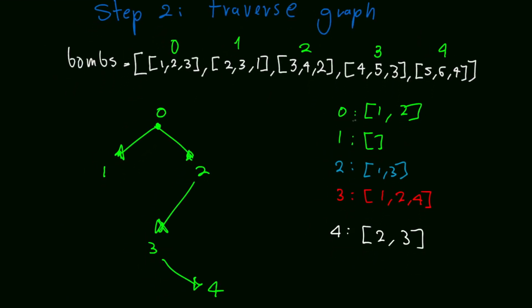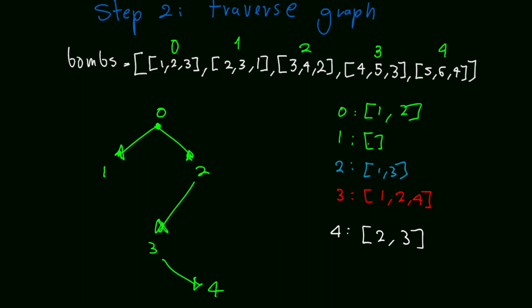And once we have the graph, we just have to perform depth first search, starting at every node. We can guide this with the adjacency list notation. So if we start at 0, we can go to either 1 or 2. If we check the neighbors for 1, we see that we don't have any neighbors, so we end that path there.